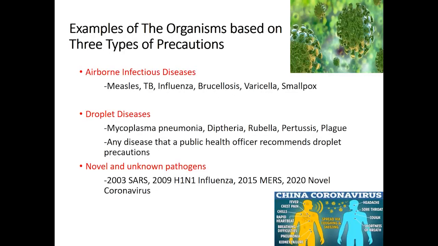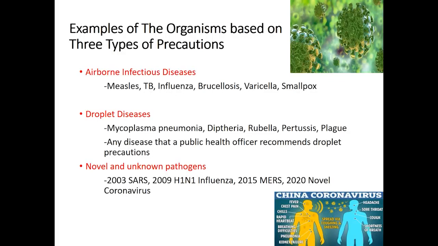So there's some that fall under droplet diseases that short-range aerosols are concerned, and I think that there's this gray area between airborne precautions and droplets that we have never really addressed in America, and it's something that we should consider. And then if you notice the last item under there, any disease that a public health officer recommends droplet precautions for.